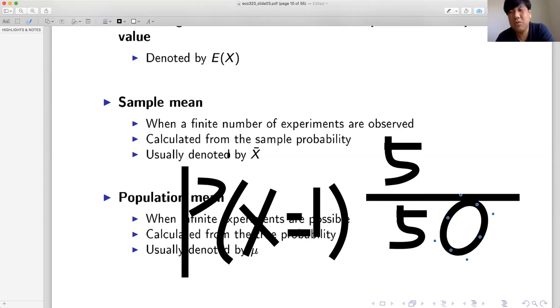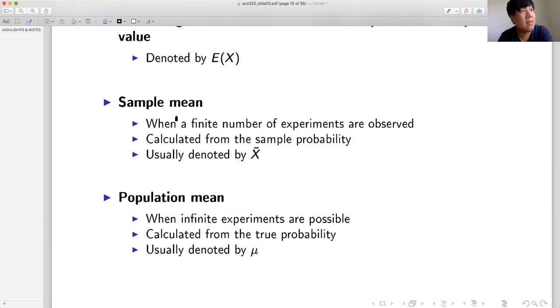Well, that is actually one of the characteristics of the sample mean, because we are doing some sampling. The sample mean doesn't always have to equal the population mean, especially when the sample size is small. But later, we're going to learn a very important theorem: when you increase the sample size close to infinity, the sample mean will equal the population mean.